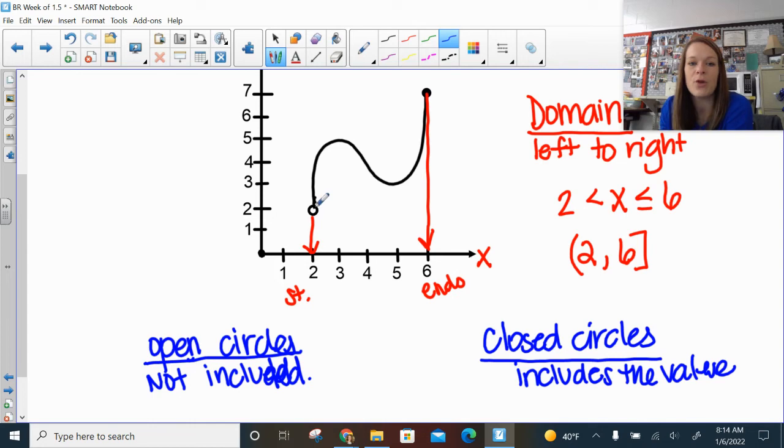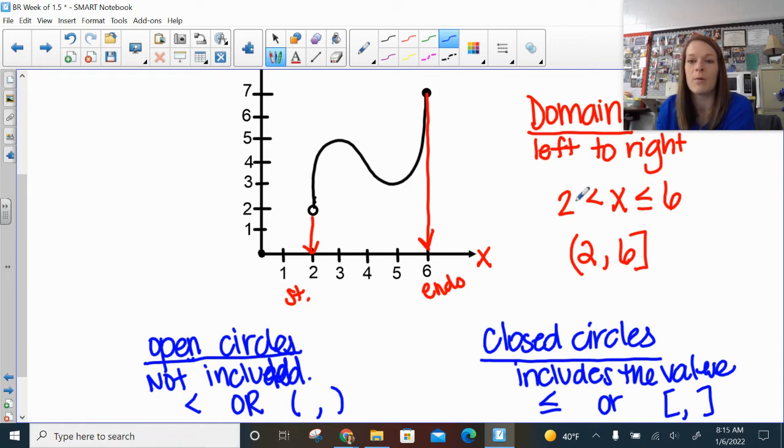So now, anytime you have an open circle, you are going to denote that with a less than sign or a parentheses. Okay, and then if you have a closed circle, it's going to have the less than or equal to, so it has the line up under it, or you can write it with the brackets.